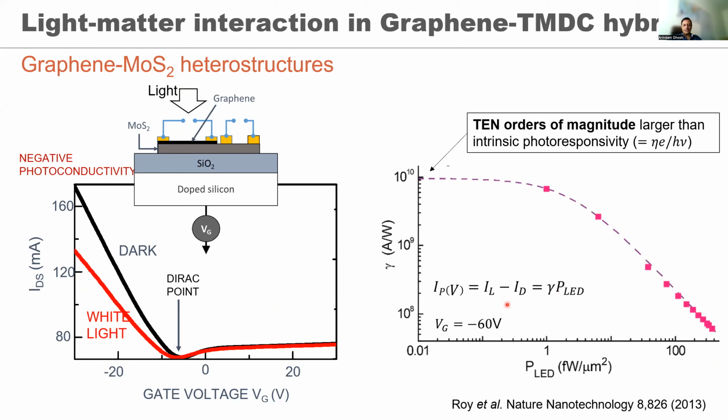So that is very, very exciting. It's nearly 10 orders of magnitude larger than the intrinsic photoresponsivity of most of the bulk semiconductors or even two-dimensional semiconductors like molybdenum disulfide.